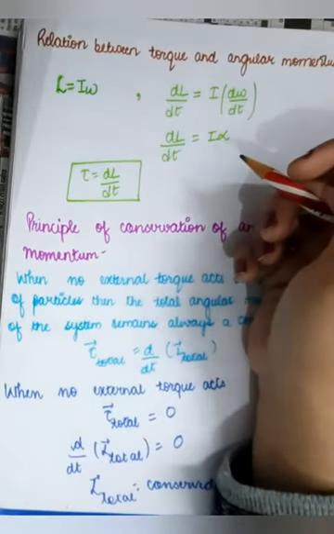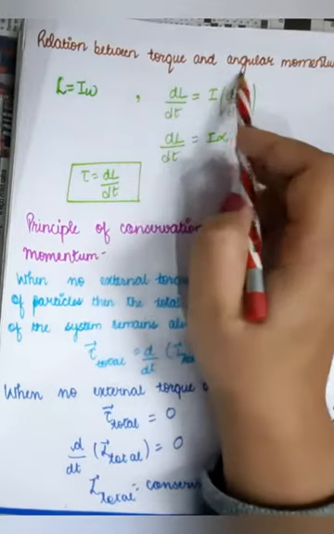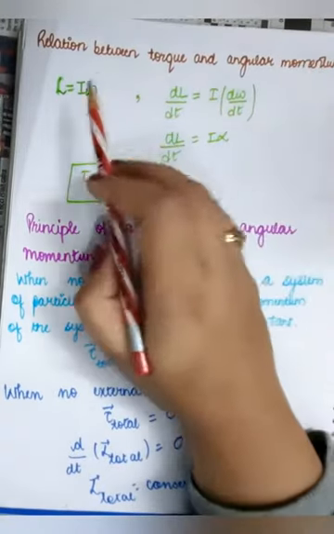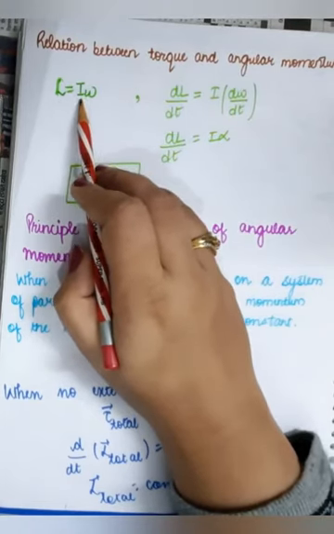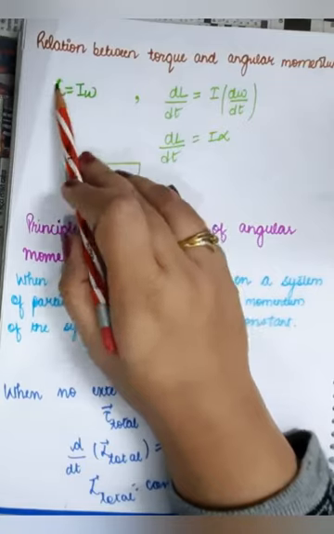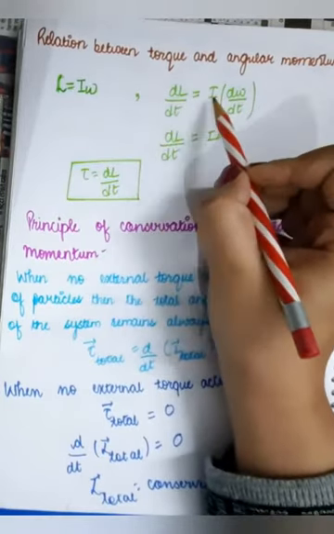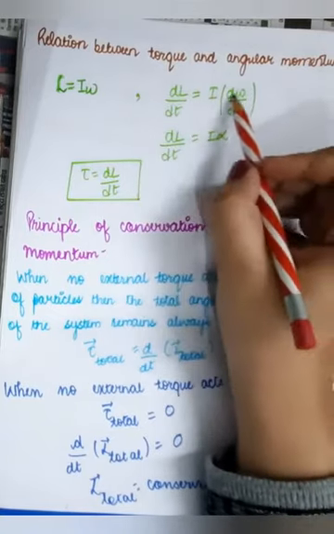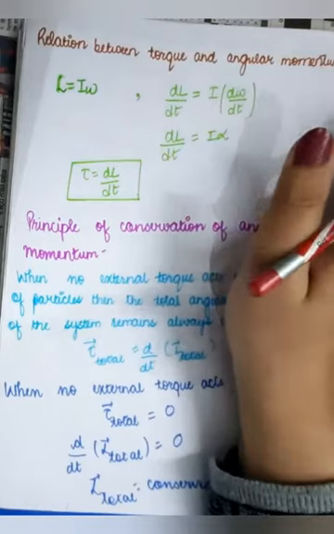Next, we are going to find the relation between torque and angular momentum. We have seen that angular momentum is written as I omega, where I is moment of inertia and omega is angular velocity. When you take the derivative of this relation, it becomes dL by dt equals I as it is, times d omega by dt. I is moment of inertia and it is kept constant.